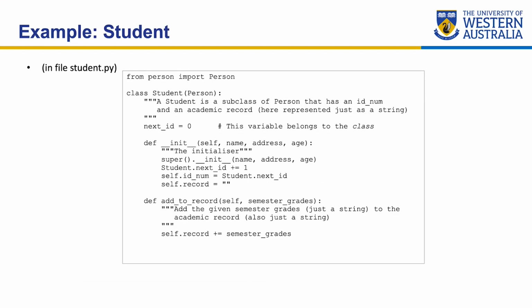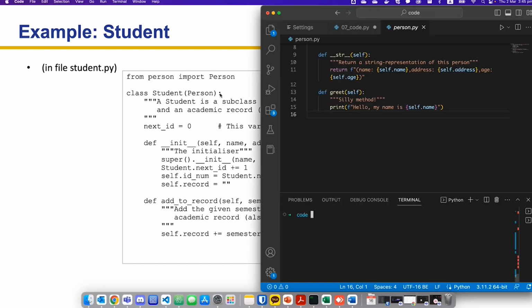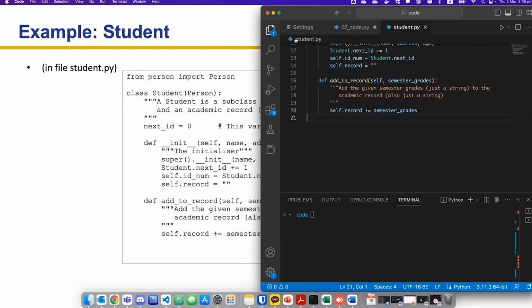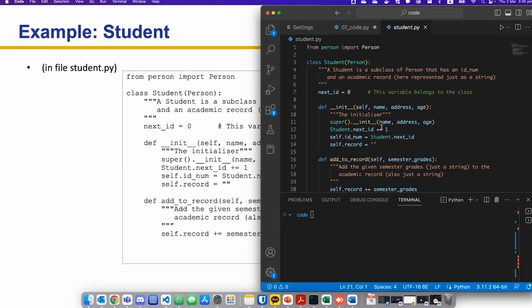Okay, and then in file student.py, make sure that person.py and student.py and other files that we see later are in the same folder. Okay. We'll open it. Okay. So inside the student, you'll see that at the very top it says from person import person.